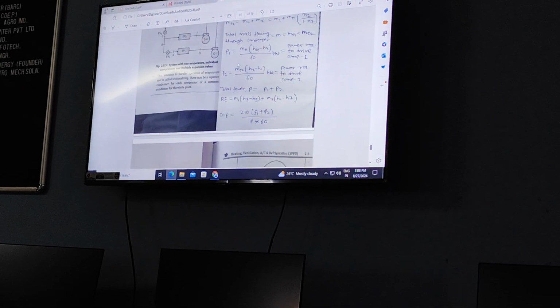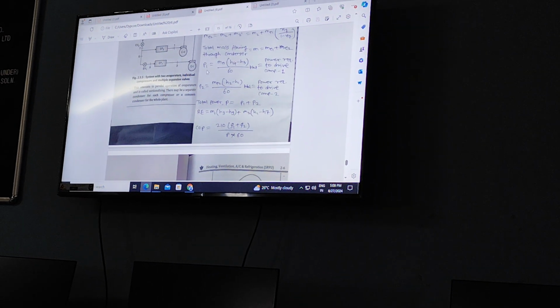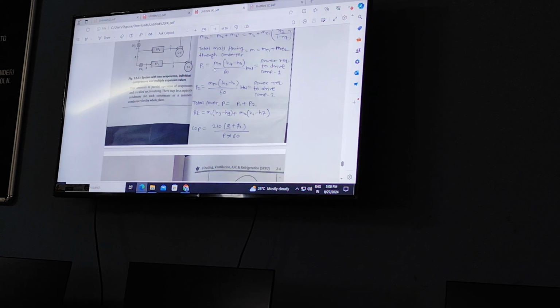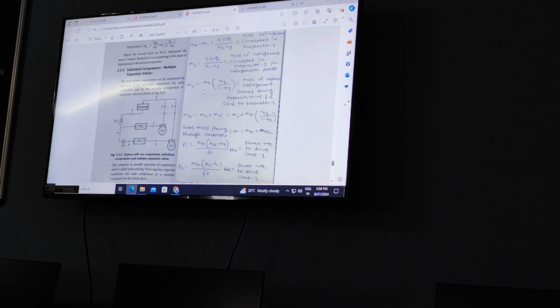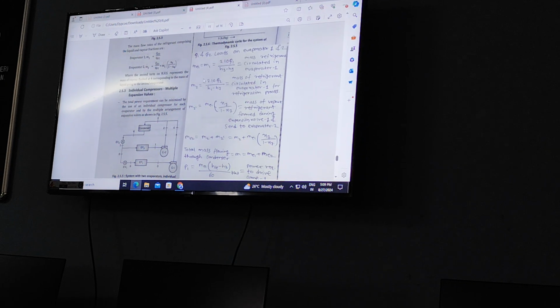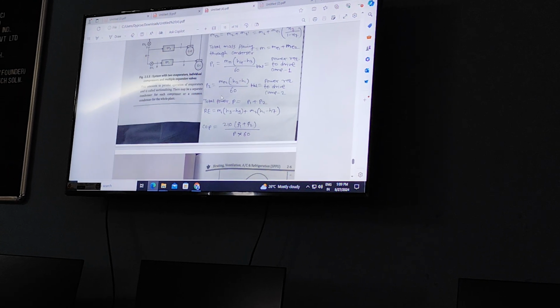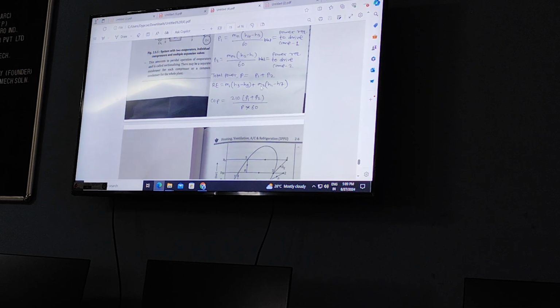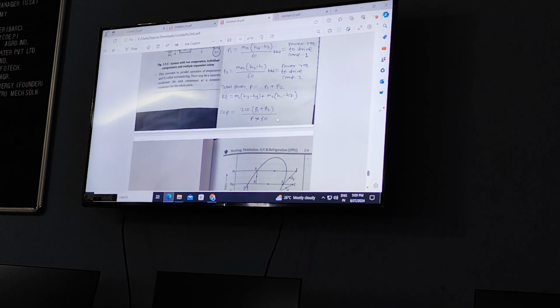Now for power we are taking the ME1 and ME2, that is the total mass, and for refrigeration we are taking only M1 and M2. Remember this. Okay? For numericals. Then refrigeration process, COP, this. Understood this? Yes.